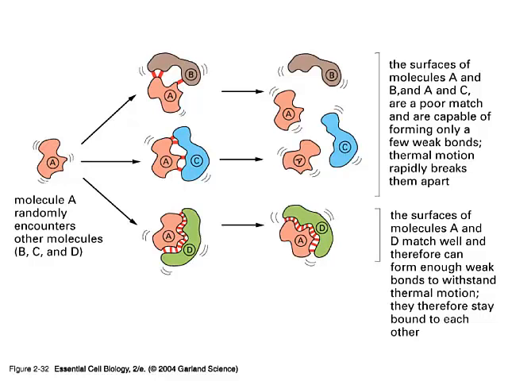Enzyme substrate, the key is that shape of the enzyme has to match the shape of the substrate, has to have the right side chains to allow for hydrogen bonding to occur, van der Waals interactions to occur, so that the substrate can bind the enzyme long enough to be converted to the product, right?